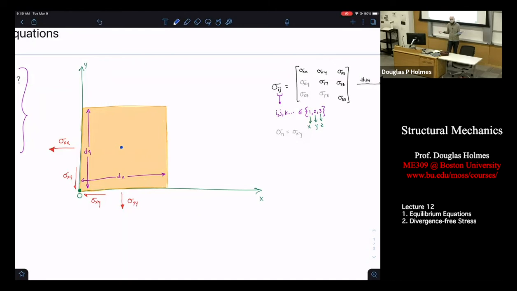A body force is acting on the body, so you kind of draw it essentially where the center of mass is on the object. And this would have a force in the y direction. You can also have force in the x direction and the z direction, of course.